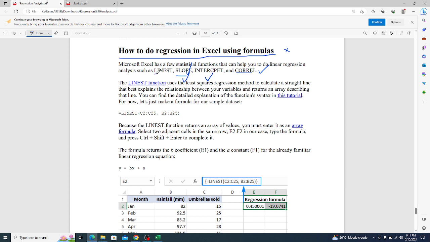Then we have the LINEST function, which uses the least squares regression method to calculate the values which best explain the relationship between two variables, and it returns two values: the value for the intercept and the value for the slope.